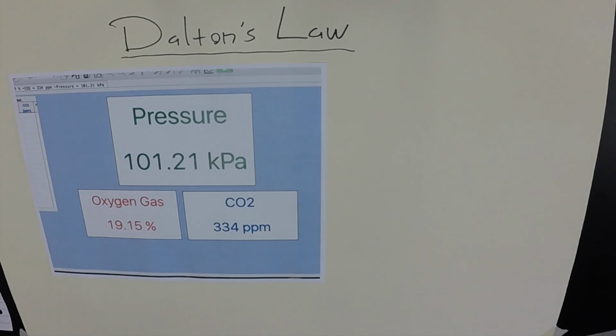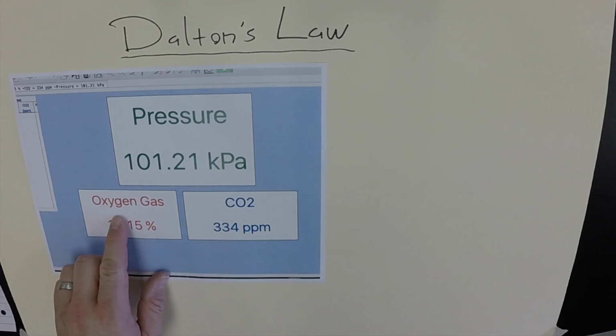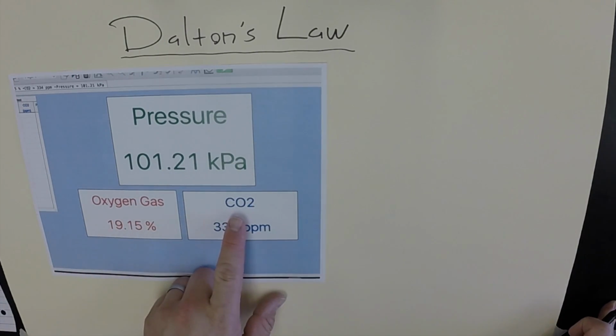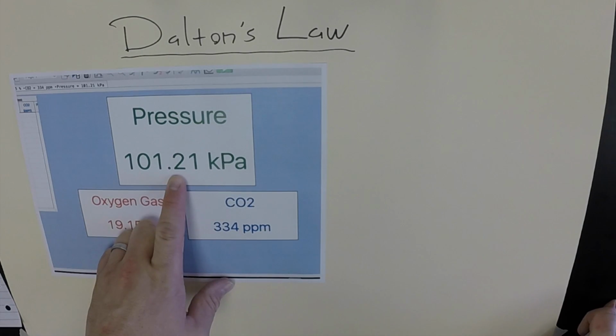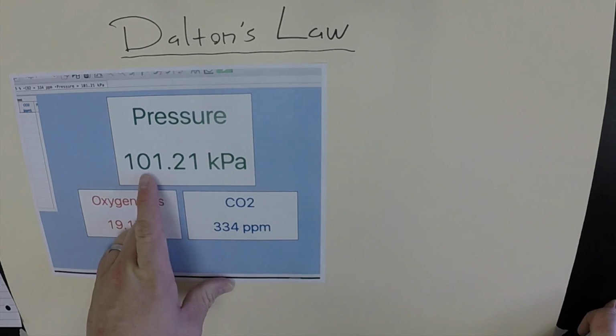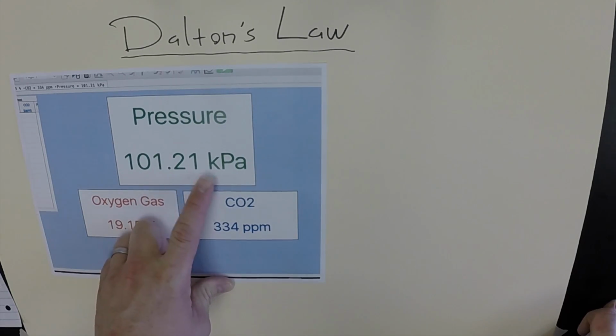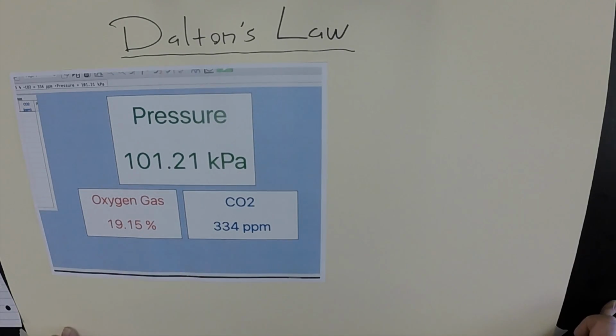Continuing here, we want to figure out the partial pressure of oxygen and carbon dioxide in the Earth's atmosphere. We're going to use this pressure, the atmospheric pressure right now that we measured. We'll go with 101.21 kPa, kilopascals.